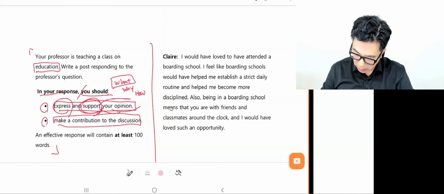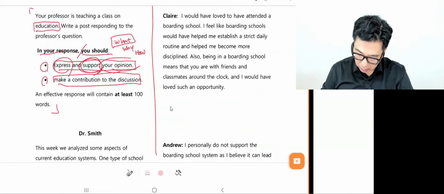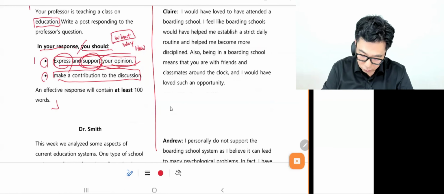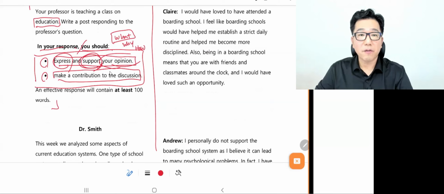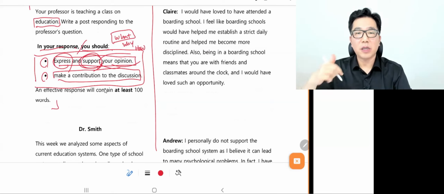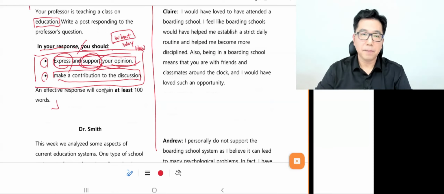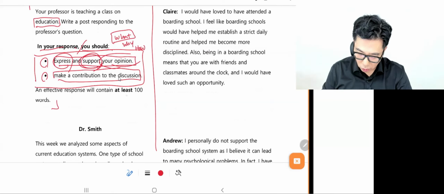So now we clarified what we have to do. We have to do these two things to get the perfect score. We must express and support our opinion. Yeah. Make a contribution to the discussion. Got it. An effective response will contain at least 100 words, so you should not write less than 100 words.